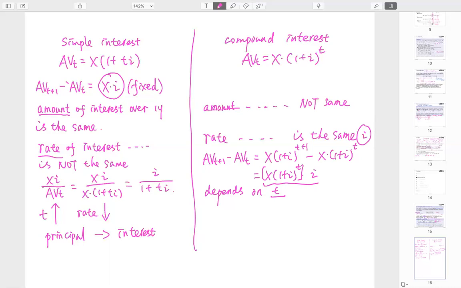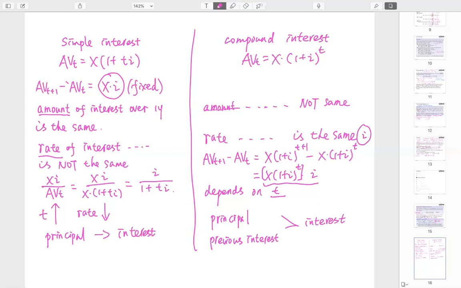Okay. The reason behind that is, in this case, both principal and the previous interest both will earn future interest.